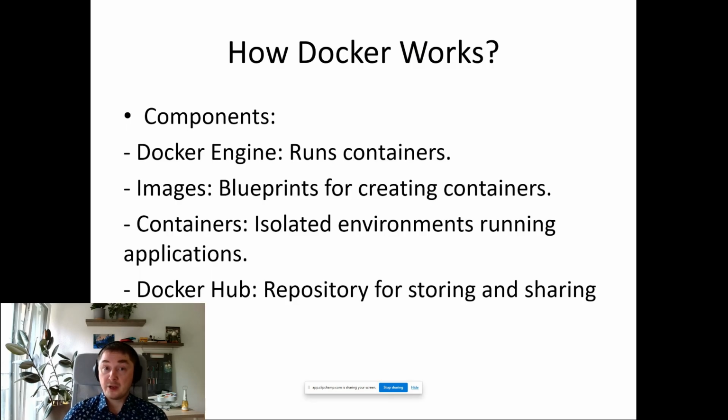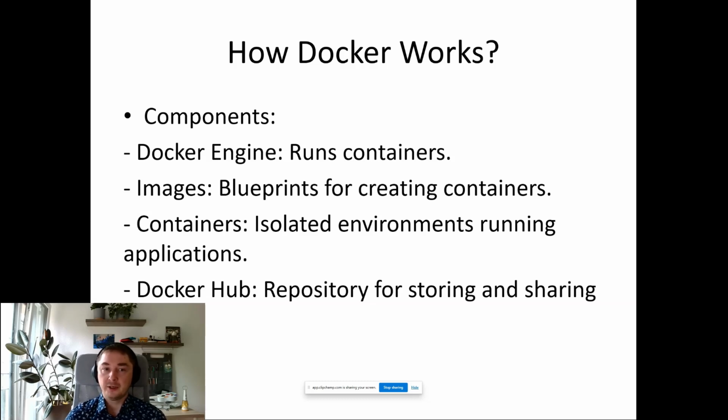Now a quick word in terms of how it works. You can read this slide, but basically Docker consists of four main components. First, Docker itself, which runs a container, and it consists of the Docker daemon and the Docker client. Then you have images, and those are, as I put it on this slide, like blueprints for creating containers.